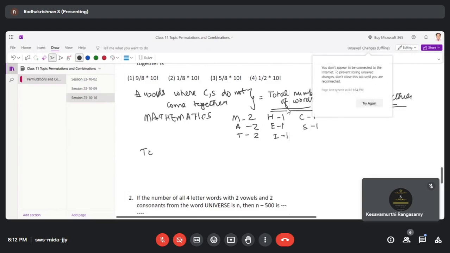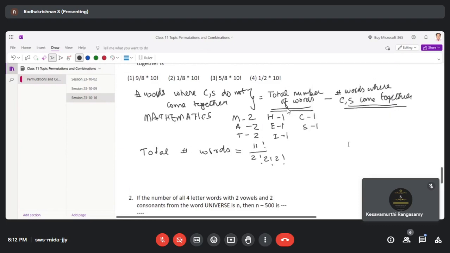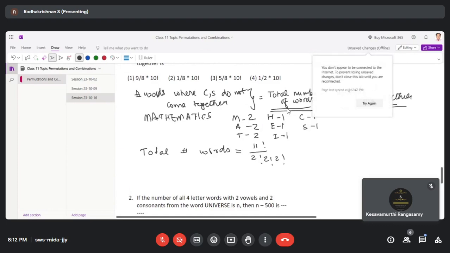So total number of words, the first problem is... Right. So now we will see C and S come together, because we have rephrased the problem. Since two C do not come together, we have rewritten as total minus C and S come together. So how many combinations are there in which C and S come together?